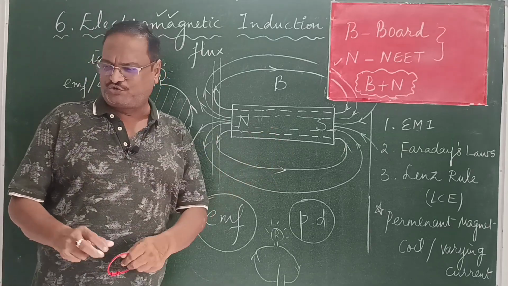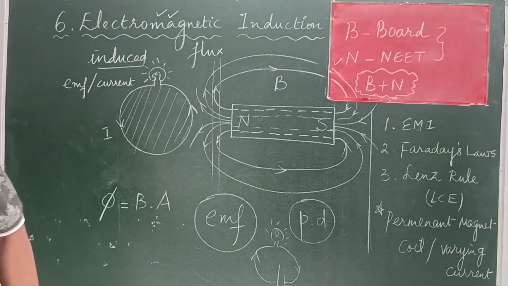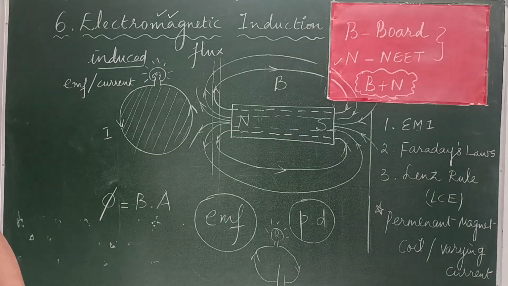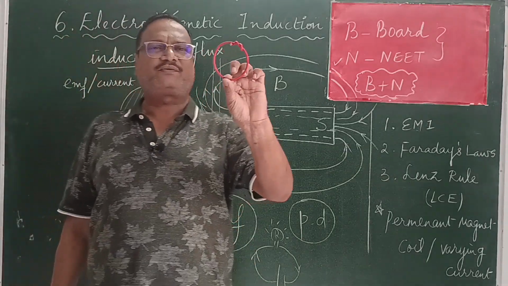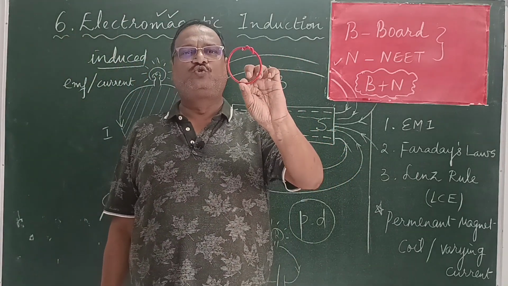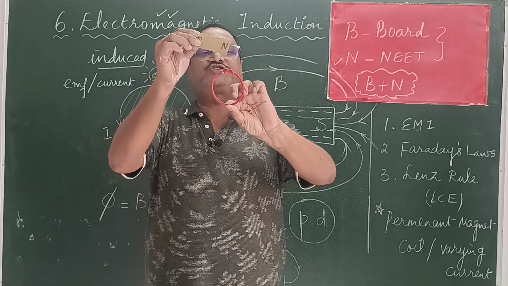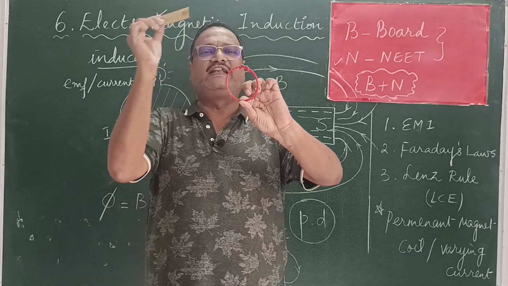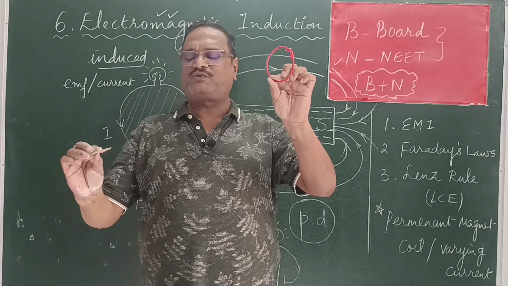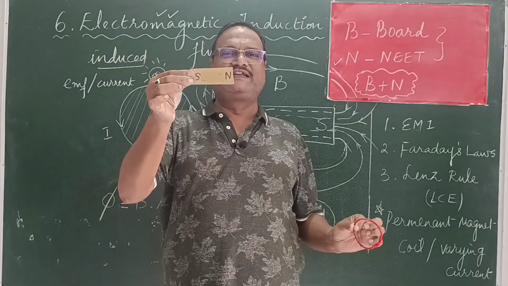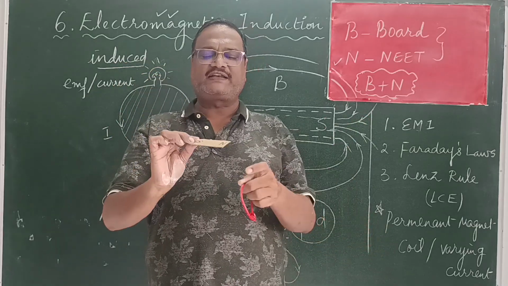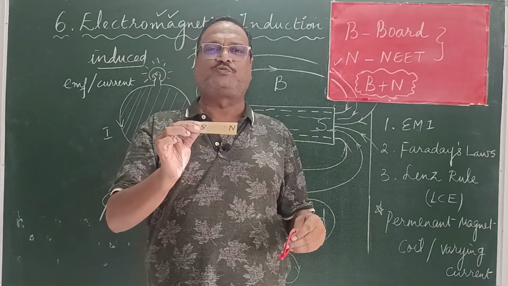Now I'll show you a small demonstration. For example, right now I have a circular loop. Imagine I have connected a small LED bulb here. Now I bring a magnet. Imagine the magnet has a north pole and a south pole.